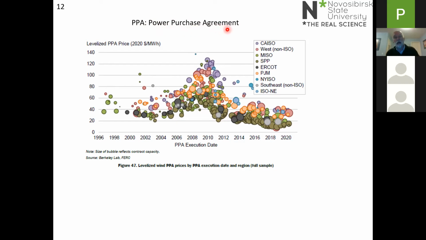So if my wind farm is supplying electricity to the Alberta electricity grid, I will try and make an arrangement with the grid operator to sell the operator my electricity at a fixed price. And that price, as you can see here, in terms of US dollars per megawatt hour, has been falling substantially over the past decade, from somewhere around about 80 US dollars per megawatt hour down to somewhere around 20 US dollars per megawatt hour.